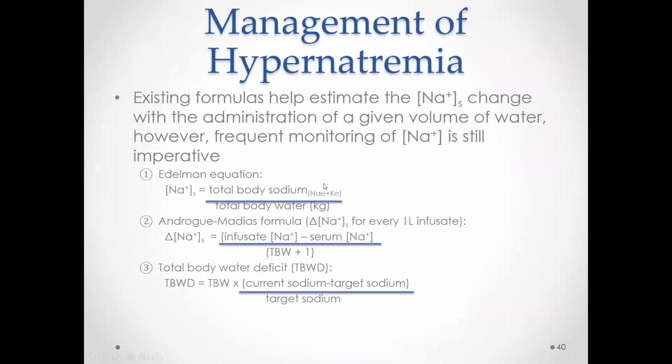So these are the formulas that we mainly use to calculate sodium level. The first is the elementary equation, as we talked about before. Then the Adrogue-Madias formula, which is very useful if we want to calculate how much the sodium changes if we introduce 1 liter of any type of solution.